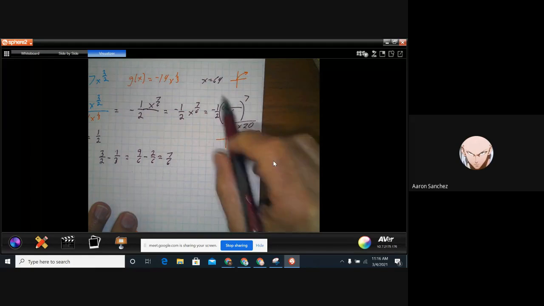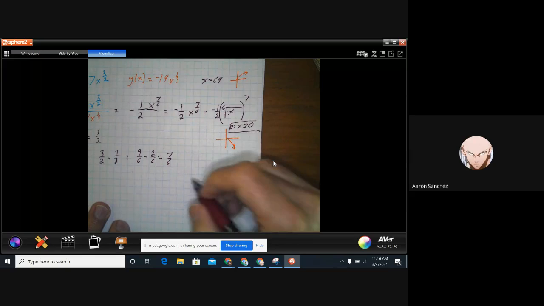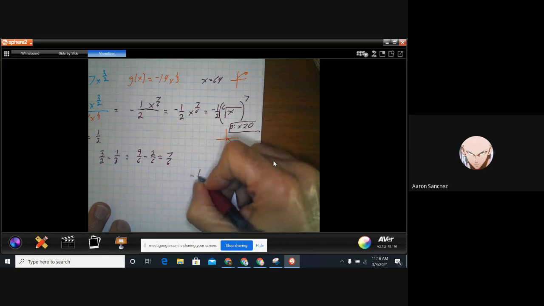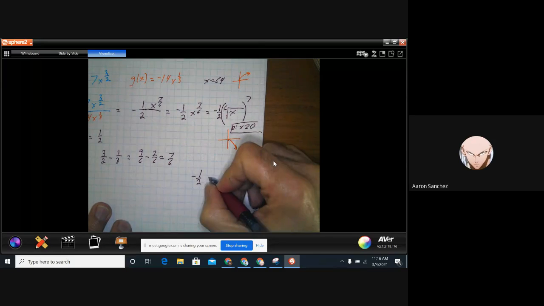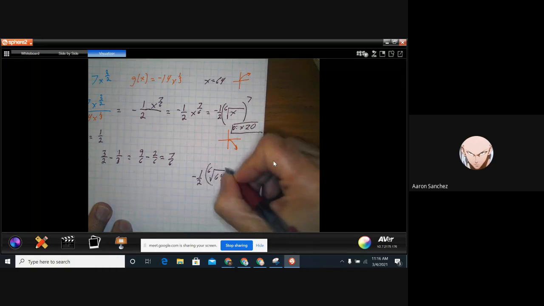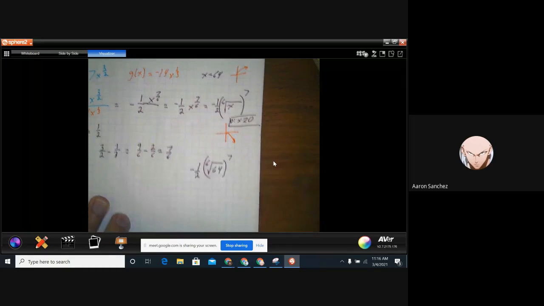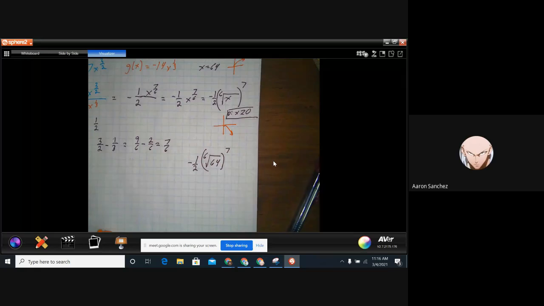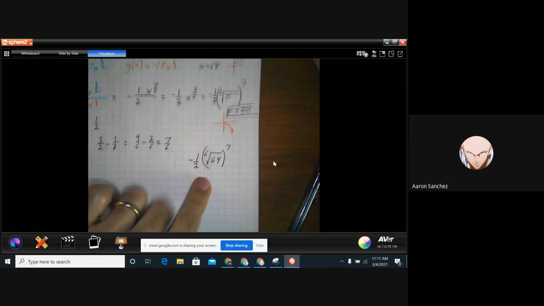Now plug in 64 again. So it'll be negative 1/2 times the 6th root of 64, which is 2, raised to the 7th power. 128, I think. 6th root of 64 is 2.